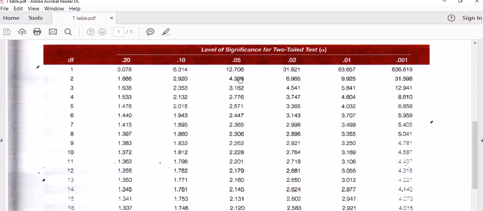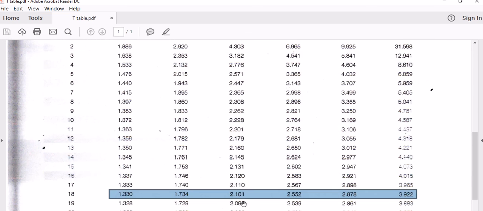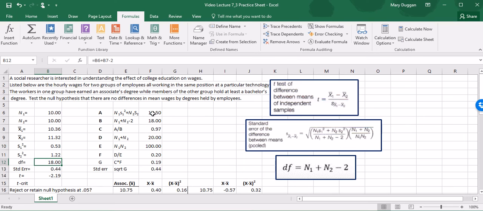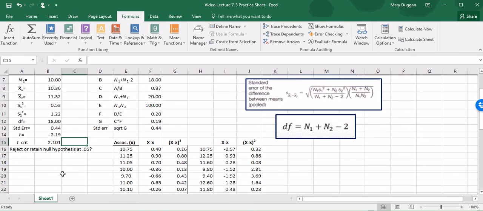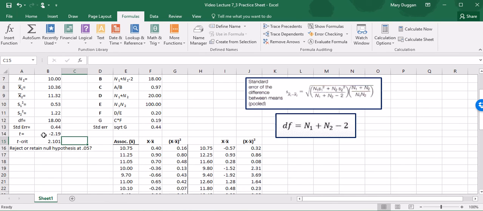So if we take 0.05 and we draw down, we see what's called our critical t value is 2.101. So I'm going to put that on our Excel sheet, 2.101. Okay. So what we're going to do now is compare our observed t to the critical t. And if our observed t is bigger, then what we're saying is there really are differences between these two means.